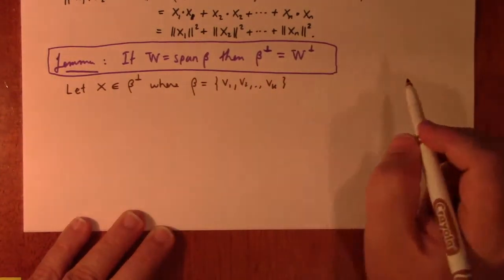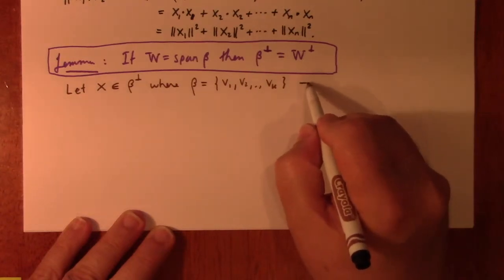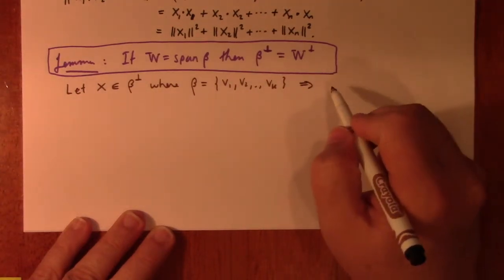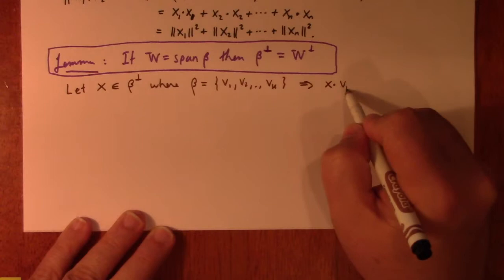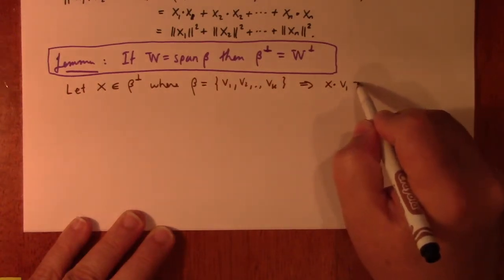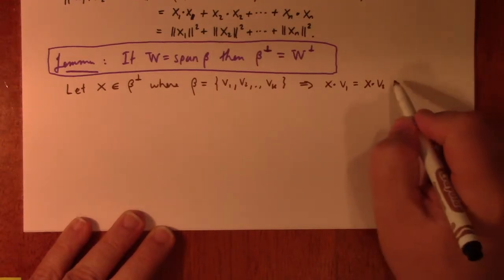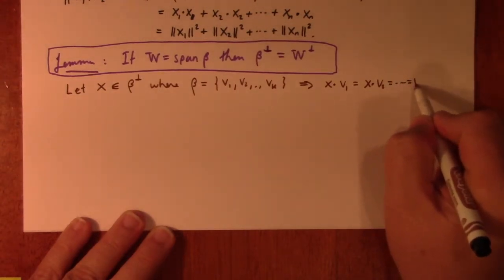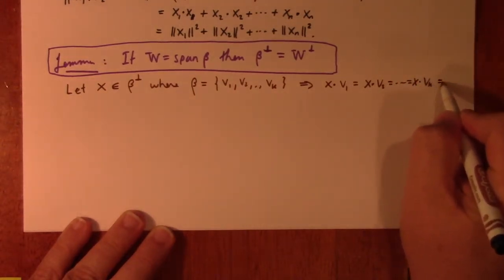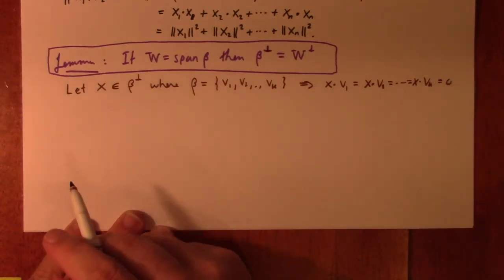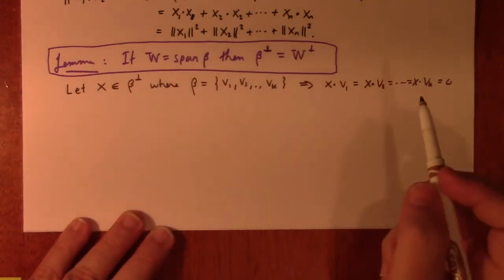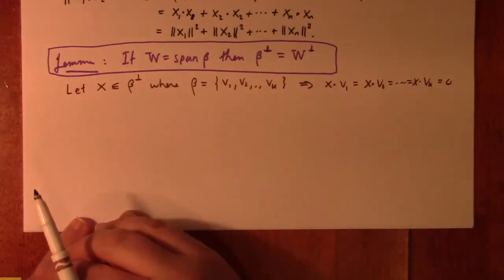Then to say that x is in beta perp actually means that what? It means x dot v1 is equal to 0, x dot v2 is equal to 0, and so forth and so on down the line, x dot vk equals 0. All right. So I'd like to show that x is also in w perp, right?